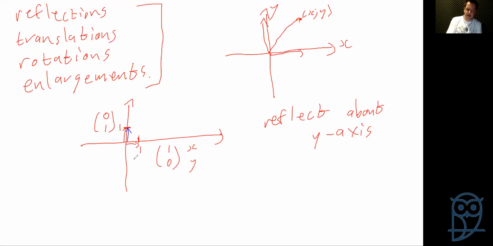So I'm still going to have my vertical one over there, but this one is now going to be reflected about the y-axis. So this is now going to go over there. And what is this vector, therefore, going to be? Remember x and then y, my x value here is -1, and my y value is 0.